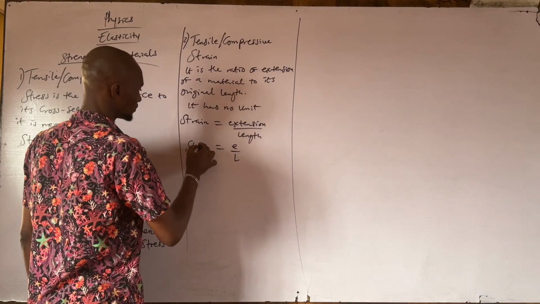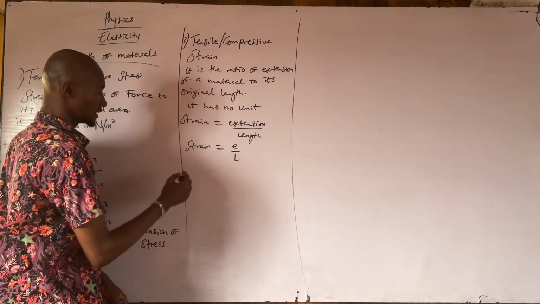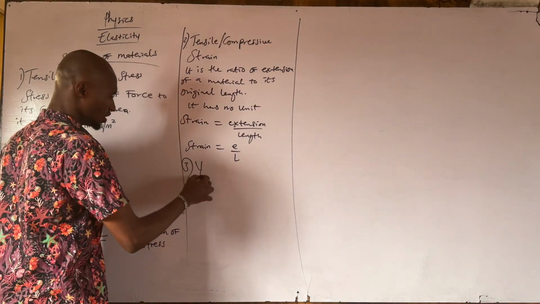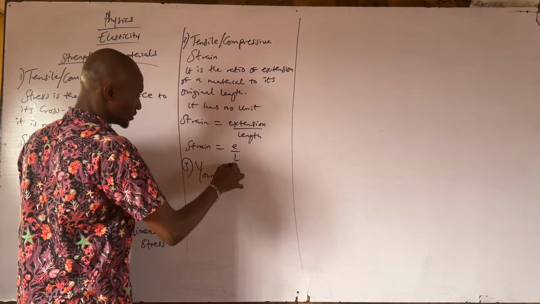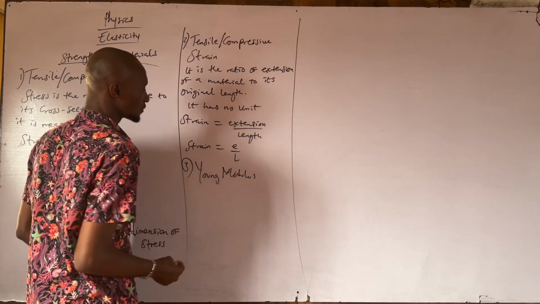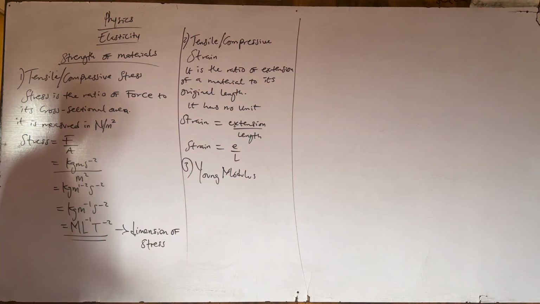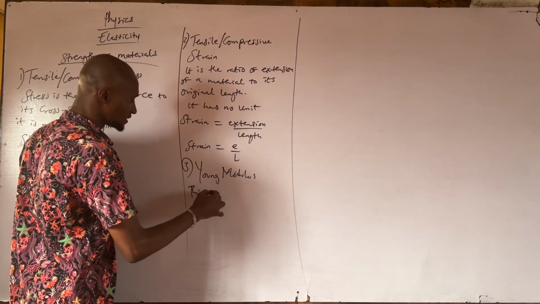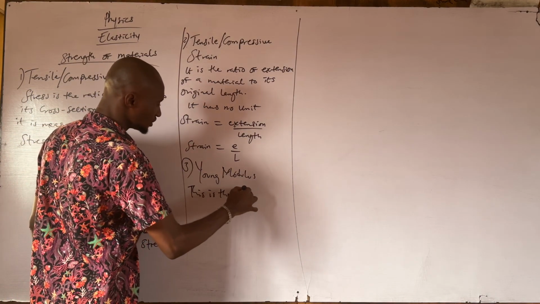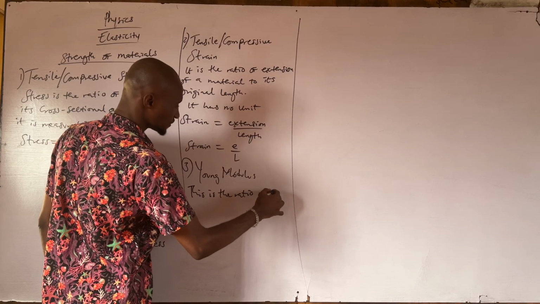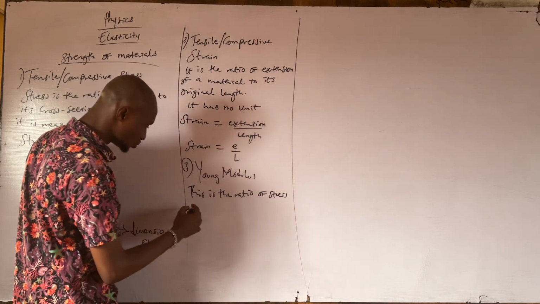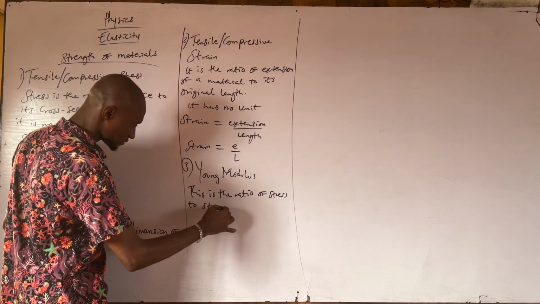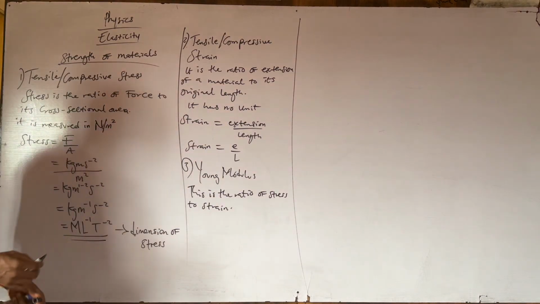Now the third one is Young modulus. This is the ratio of stress to strain. You don't need to speak English here.